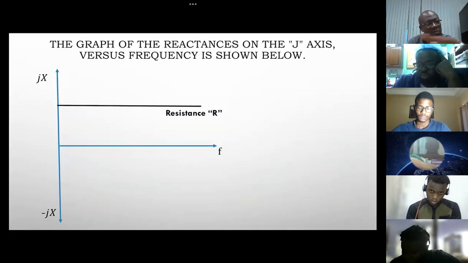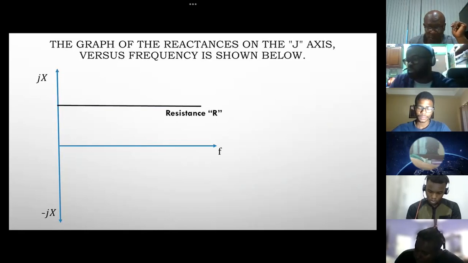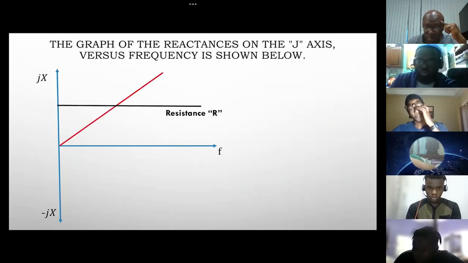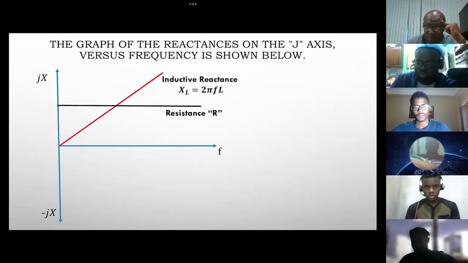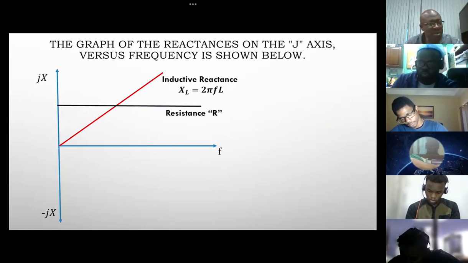We're just assuming that for the frequencies that we are considering, the resistance will remain constant, and therefore will be a value parallel to the frequency axis. For the inductive reactance, or 2 pi FL, being proportional to frequency gives us a straight line that will pass through the origin, and we have already established this from AC circuits.